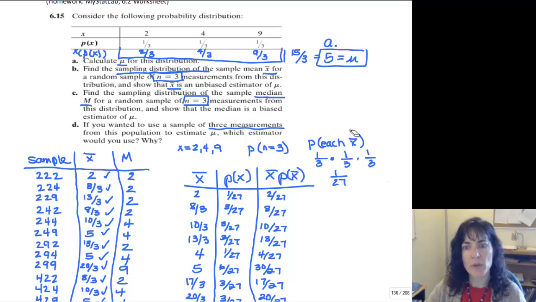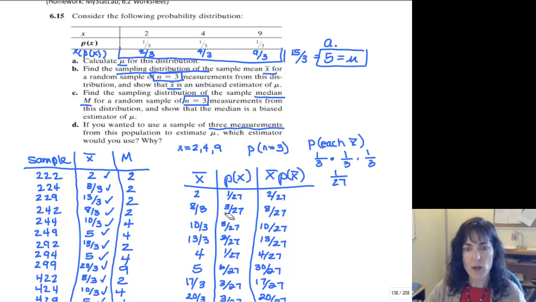Remember, I found the probability by analyzing the situation. I have 3 equally likely possibilities for every draw, so I just multiplied them all together and got 1/27. And then I used that 1/27 as the probability based on how many times each mean appeared. 8/3 appeared 3 times, so it was 3 times 1/27, or 3/27.